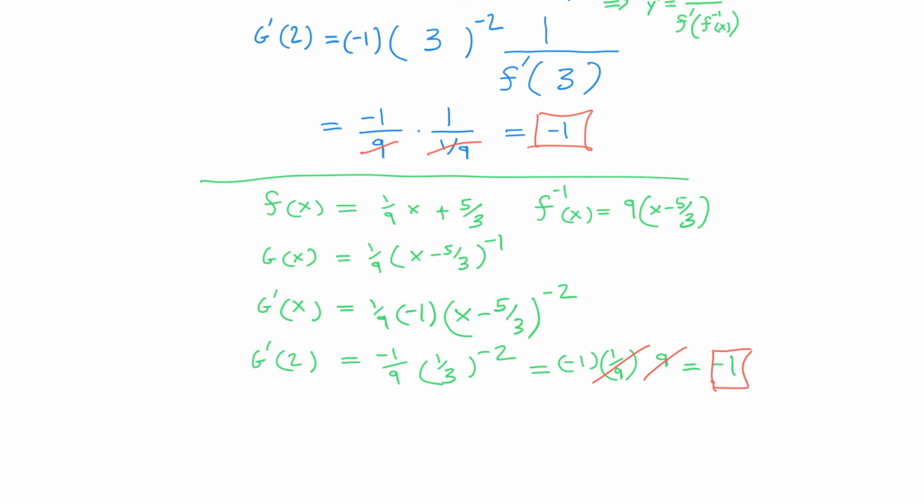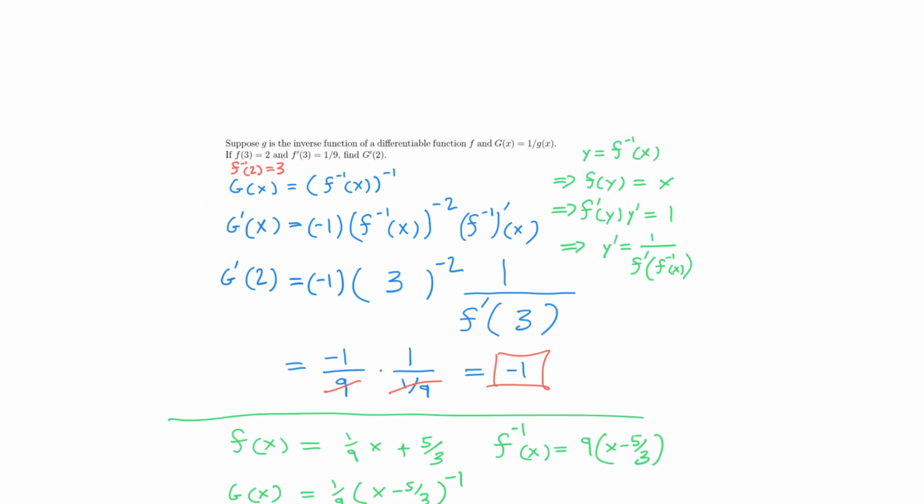And one last comment to make. If we scroll back up to the top where we did this work to find the derivative of the inverse, you would want to make sure that this inverse is actually differentiable. But they did tell us in the question that the f was differentiable. So its inverse would be differentiable on its domain.